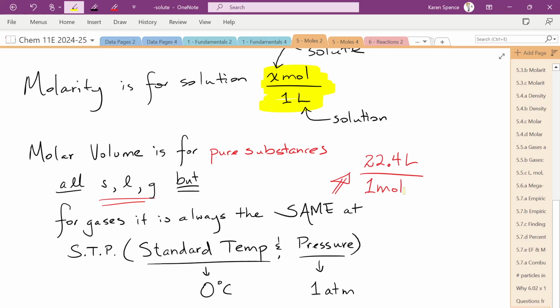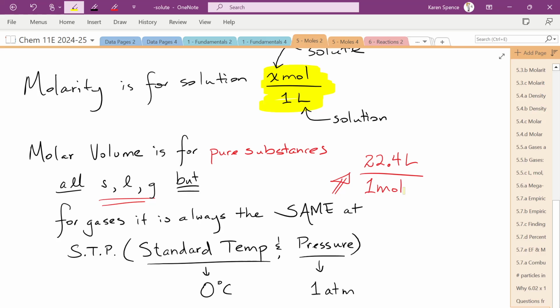If we change the pressure, the molar volume will change. If we change the temperature, the molar volume will change. If we change the temperature and pressure for a liquid or a solid, you'll get minute changes, not enough for us to worry about at this level of chemistry. So you can assume that for solids and liquids, their molar volume is stable and consistent. But for gases, they have significant expansion and contraction.